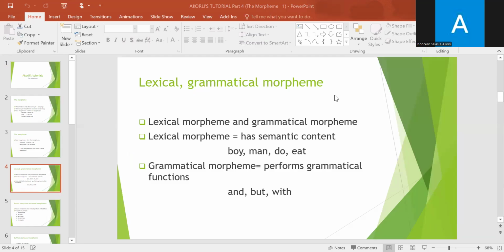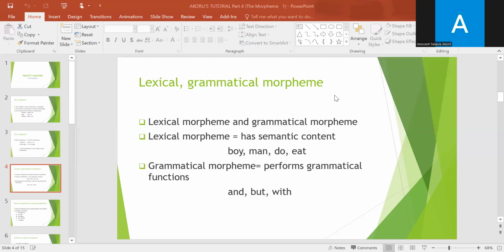I think this explanation has to come between a word and a morpheme which doesn't have a meaning. For example, when we talk about work plus ed, the ed doesn't have semantic content because you cannot just go to the dictionary and look up the word ed and get a meaning. I don't think so. But if you talk about work, you can have a proper definition.